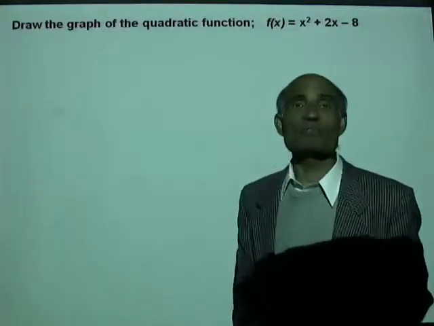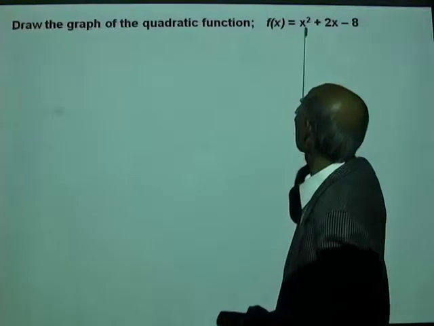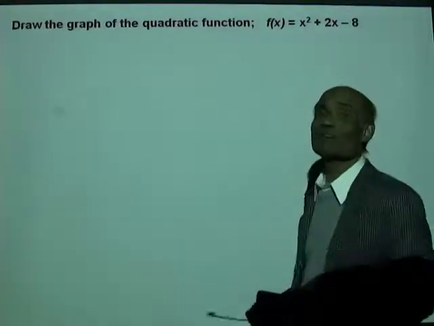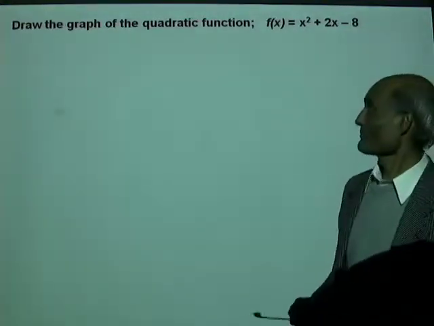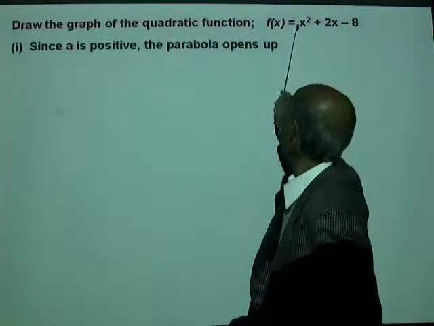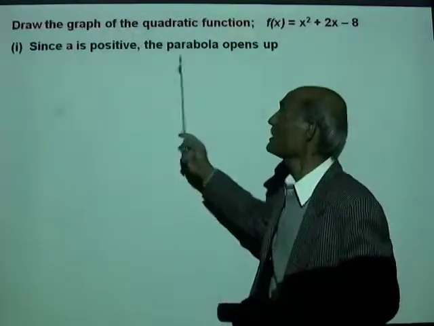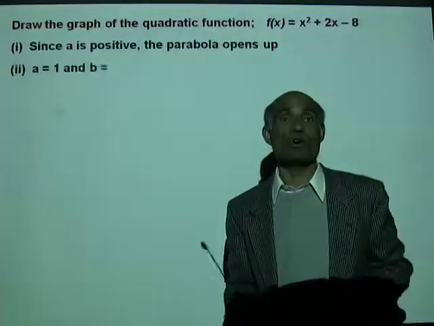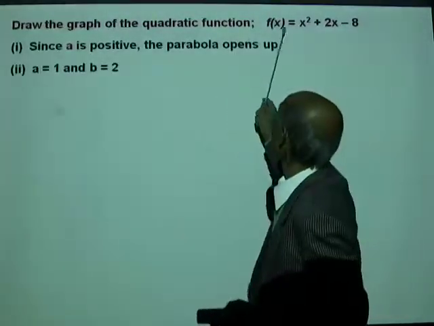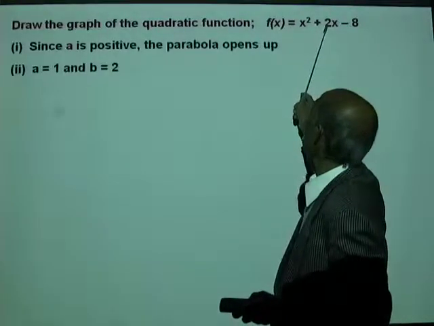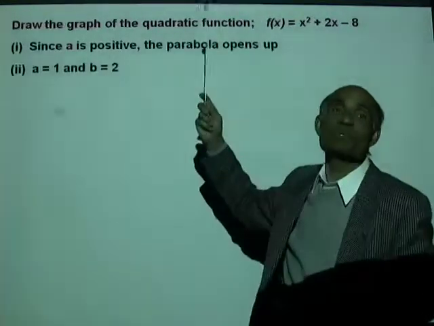Draw the graph of the quadratic function f of x equal to x squared plus 2x minus 8. First of all, a, the leading coefficient, is positive, therefore the parabola opens up. Now, a equal to 1, b equal to 2, we don't need the value of c.